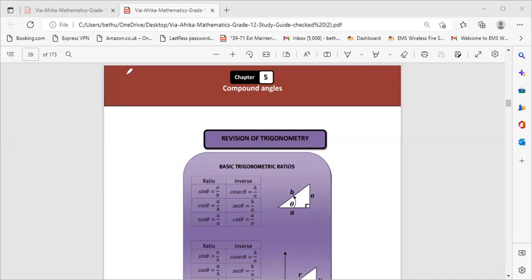Sec theta is the inverse of cos theta. You can simplify it by saying the hypotenuse length divided by the adjacent length. If you have cot theta, which is the inverse of tan theta, you can express it as the adjacent length divided by the opposite length.